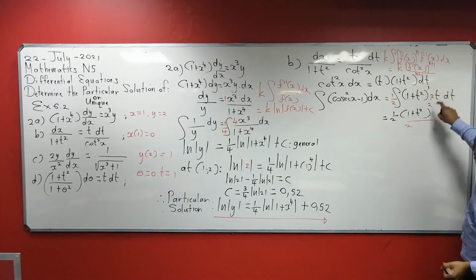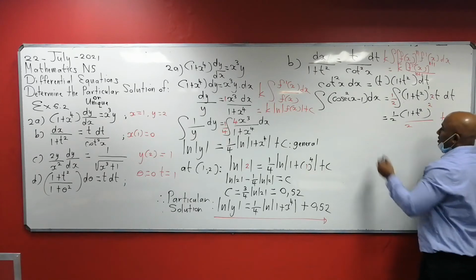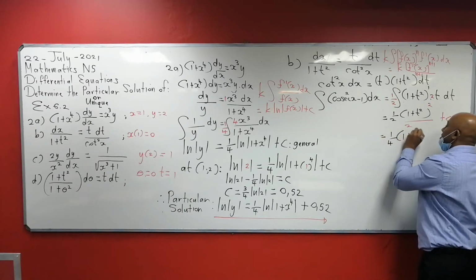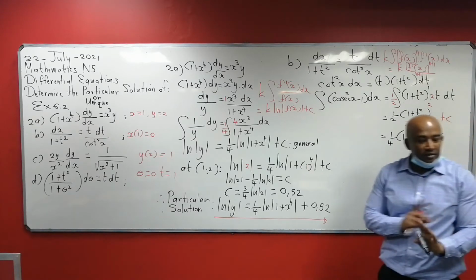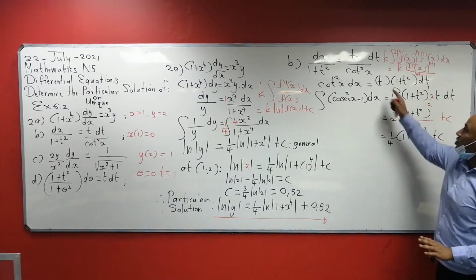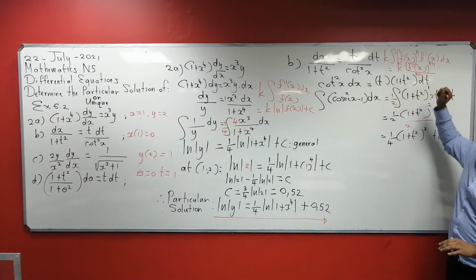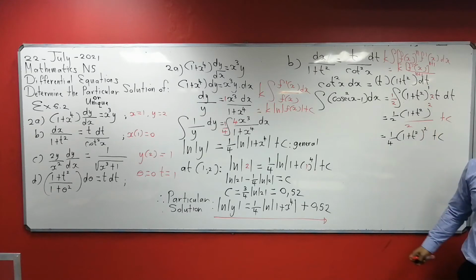That's it. 1 plus 1 is 2 over 2 there. So now, this becomes 1 over 4 times 1 plus t squared all squared plus c. If you did it the other way, you're still correct. That means you're going to have t, so you integrate, it'll be t squared over 2, and it will be t to the power 4 over 4, after you remove the brackets and simplify them.